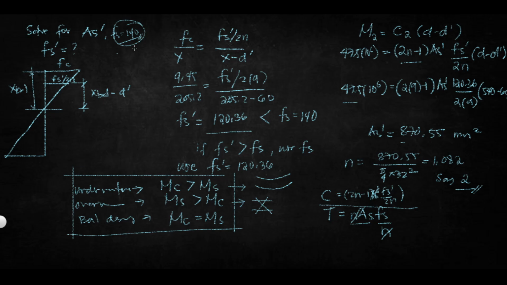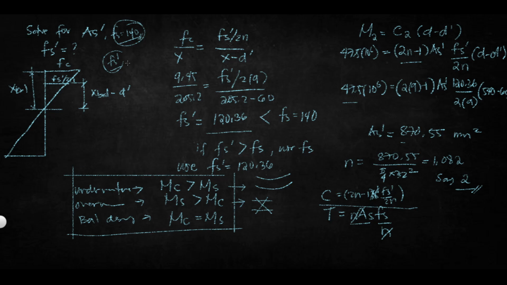So, ang tandaan po natin, ay nasa compression side yung steel na tinutukoy natin. So, Fs prime ang kinukuha po natin. So, meaning, hindi po natin pinapaabot.